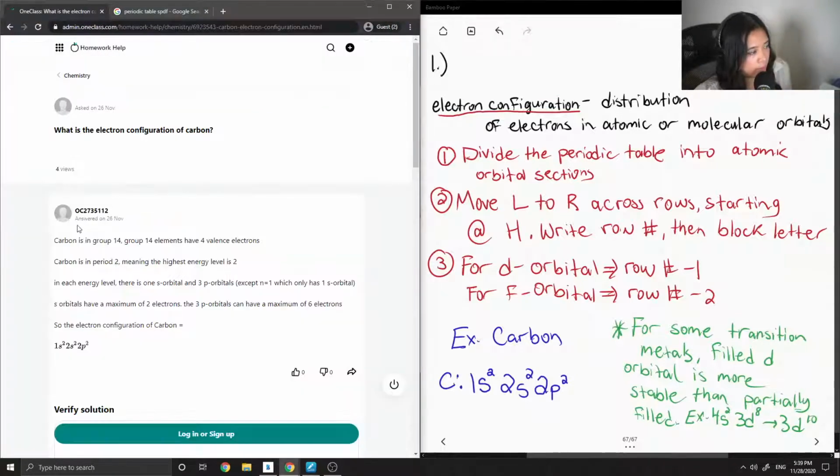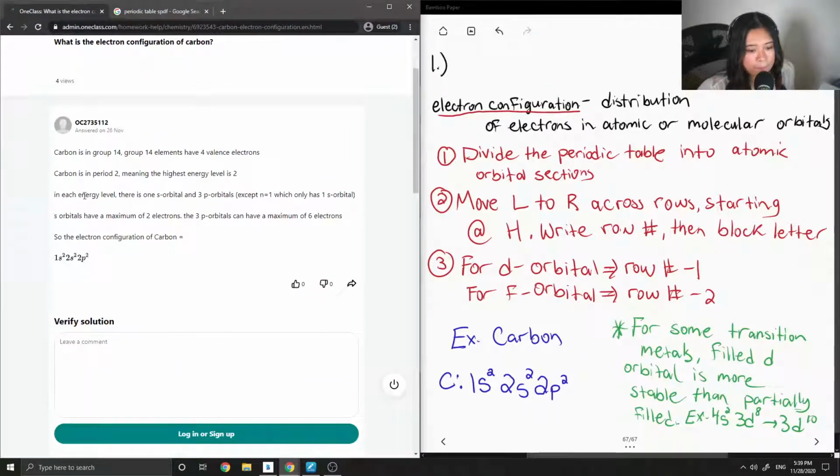But let's see what the junior tutor said. Carbon is in group 14. Group 14 elements have 4 valence electrons. Carbon is in period 2, meaning the highest energy level is 2. Each energy level has 1 s orbital and 3 p orbitals, except n equals 1, which only has 1 s.